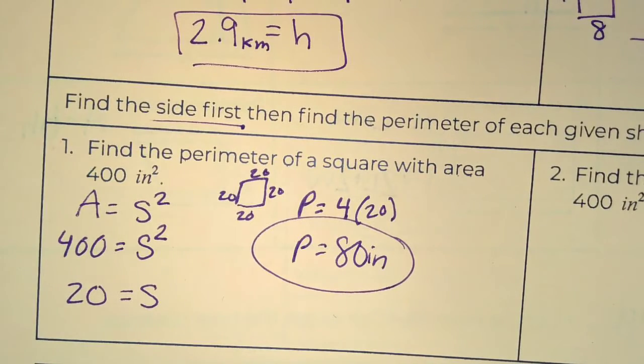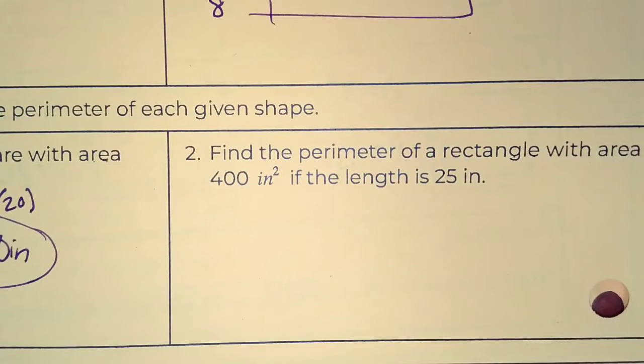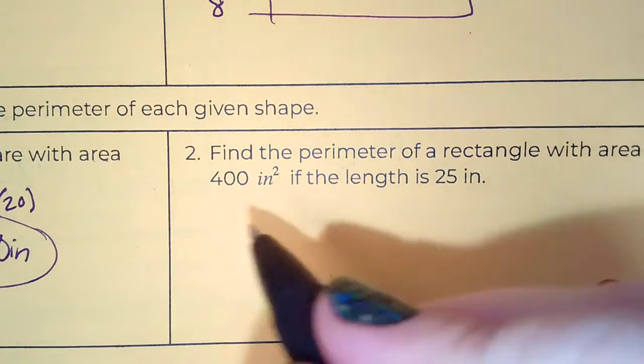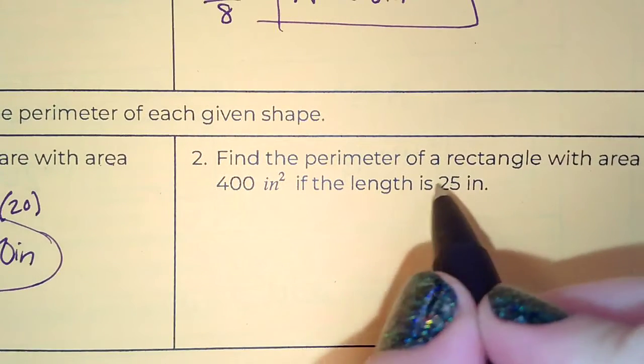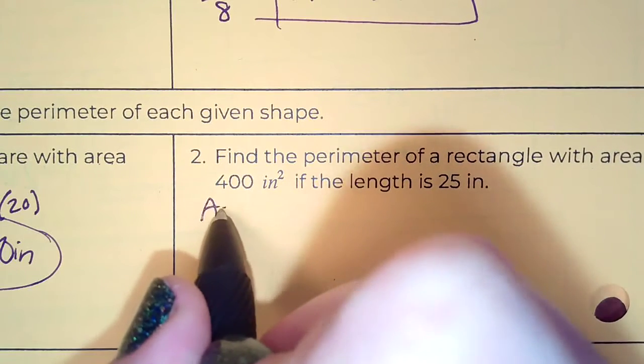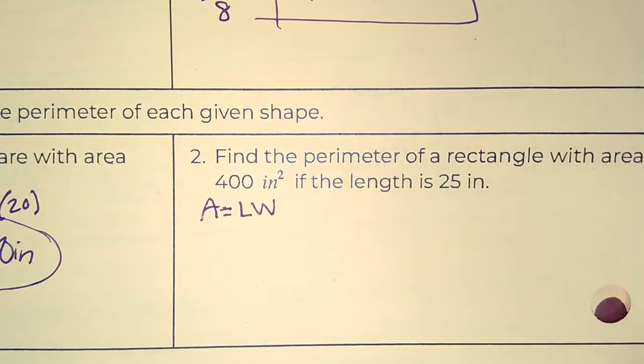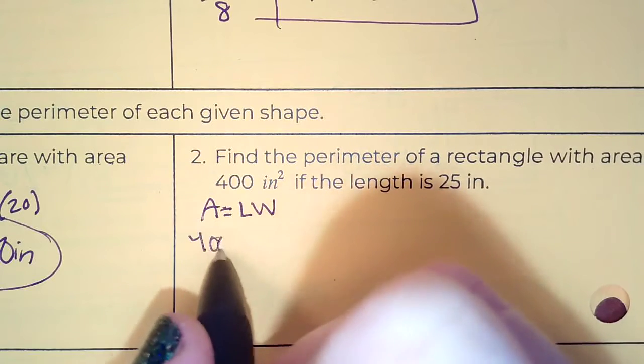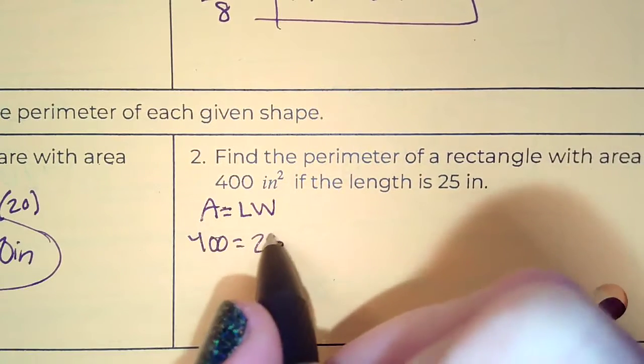Number 2. Find the perimeter of a rectangle with an area of 400 inches squared if the length is 25 inches. So we have an area of 400. So area equals length times width. So 400 equals the length is 25, the width we don't know.